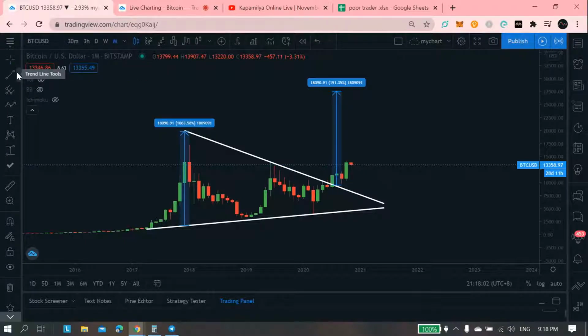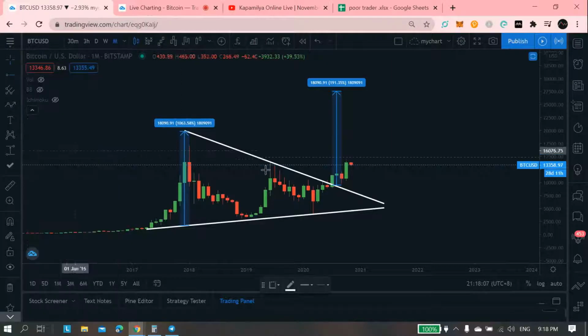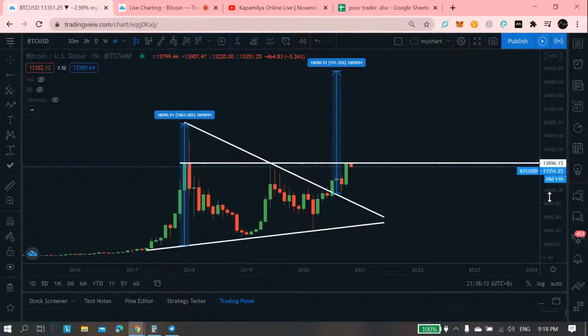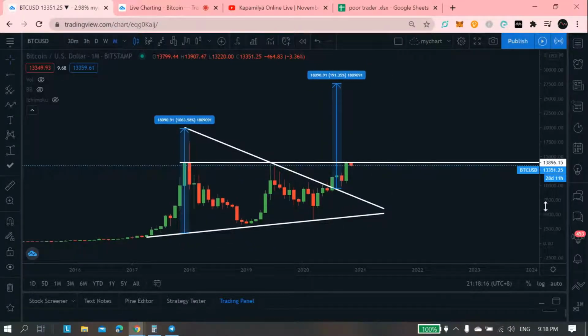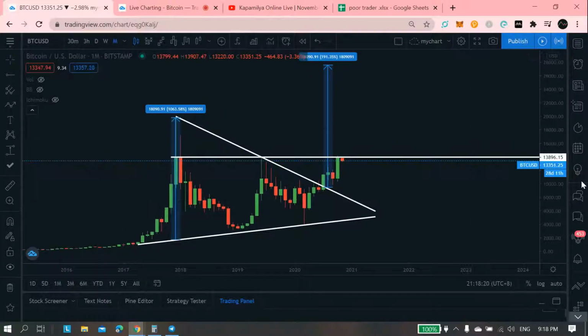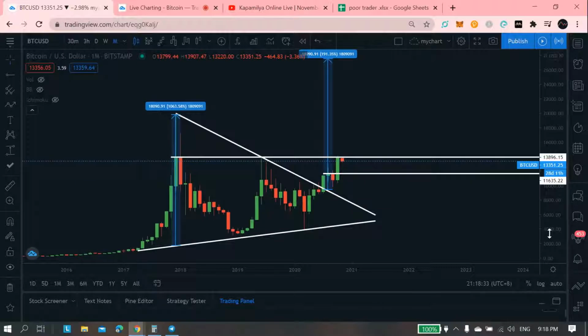But currently trading at 13,358. This is the current resistance I'm looking at, the 13,896, or around 13,900 area. So using this monthly chart, the support I'm currently looking at is that area around the 11,600 area.